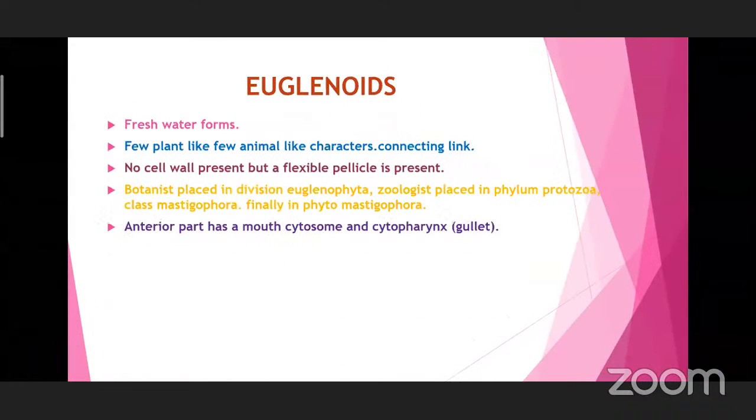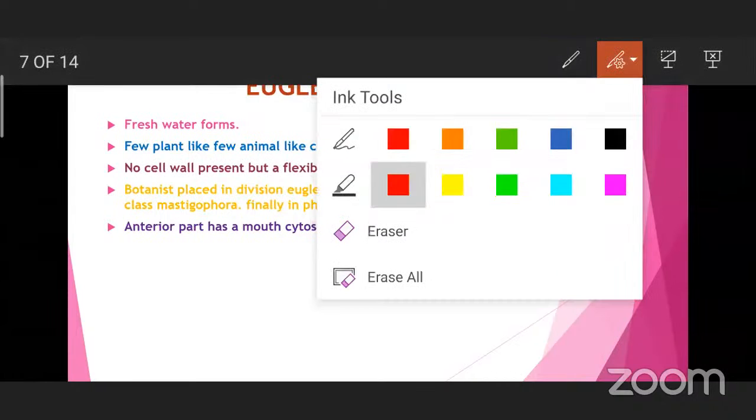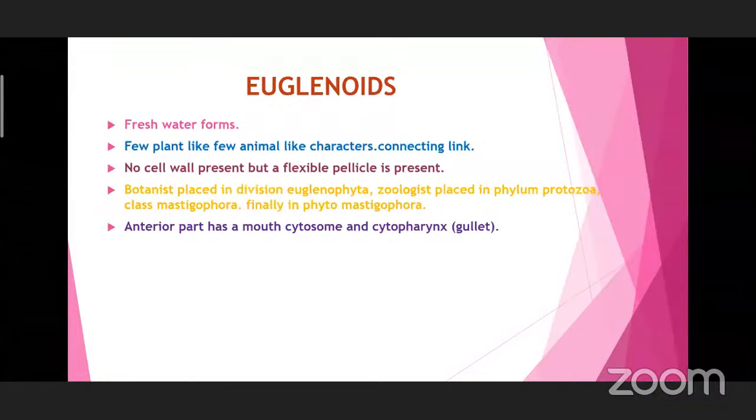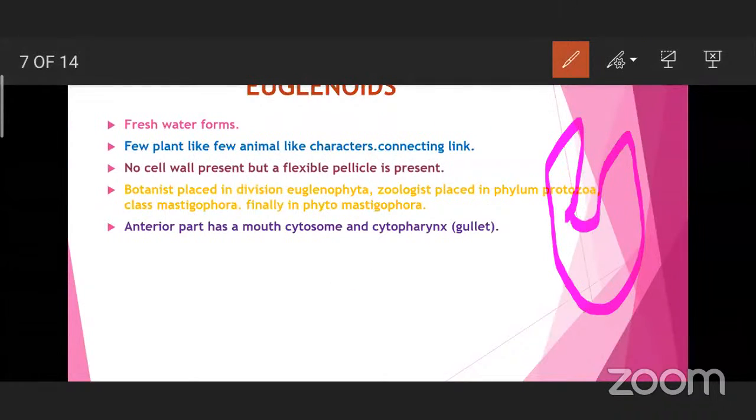These euglenoids have an anterior part which has a mouth called the cytosome and a cytopharynx, which is a gullet. So I'll show the diagram of this Euglena. We'll draw like this. Cytosome is the mouth, and cytopharynx is the gullet.